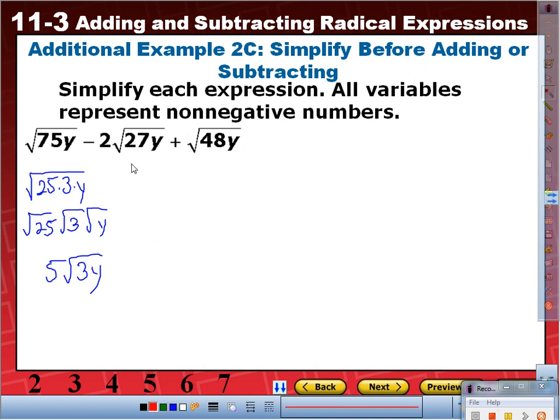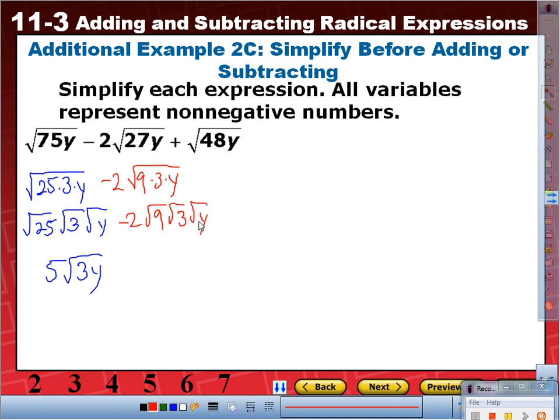Second term. Christian, help me with this one. First I'm going to leave it -2, and then you said 9 times 3 times y. From there, let's split these up. -2, square root of 9, square root of 3, square root of y.